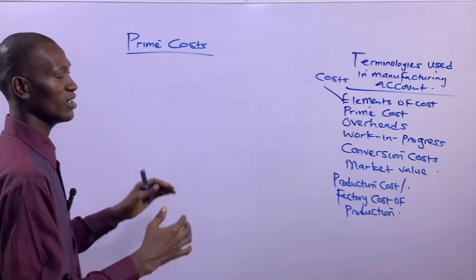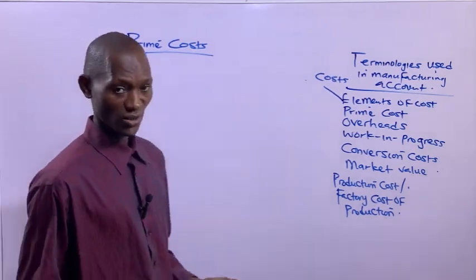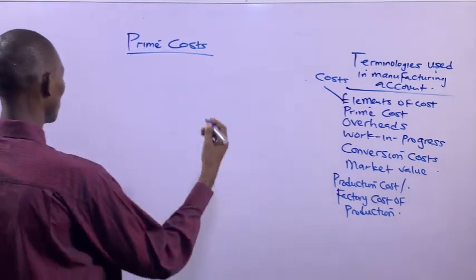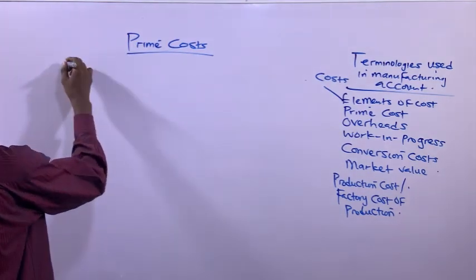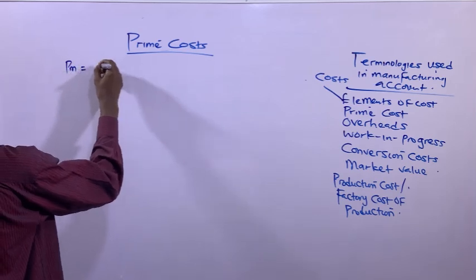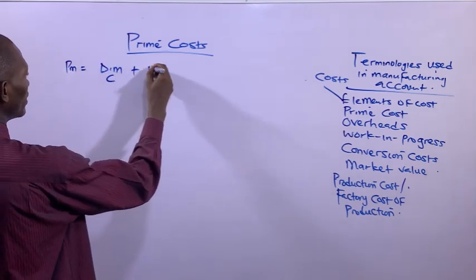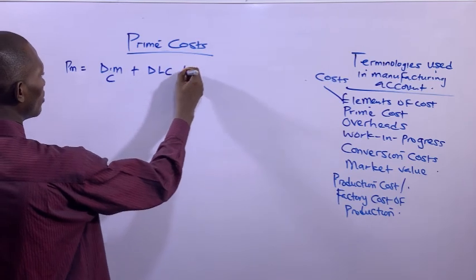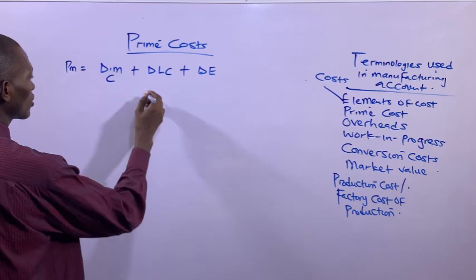Now, most times in preparing the manufacturing account to determine prime cost, it's very simple. So prime cost can be determined in two ways, basically. The first is prime cost equals direct material costs plus direct labor costs plus direct expenses. This will give you prime cost.